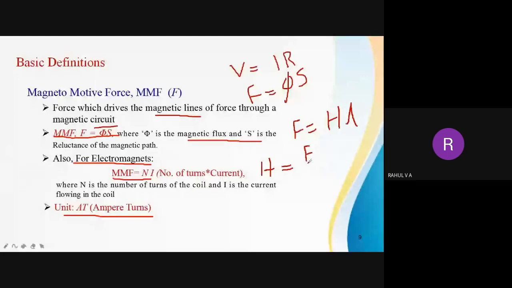So from this, what is F? It is H into L. So there are three equations for MMF: F is equal to phi S, F is equal to HL, F is equal to Ni.